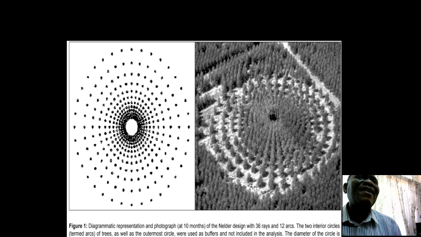Again, an example, towards the center it's quite dense. As you go outwards it's less dense. That is a photograph of the actual plot on the right.